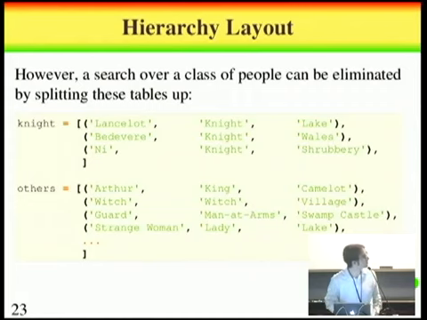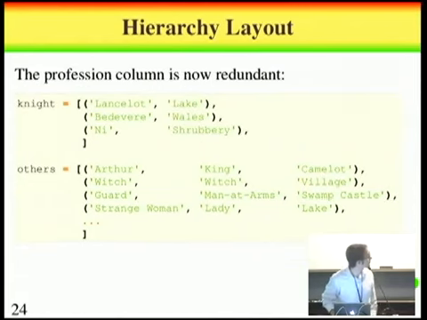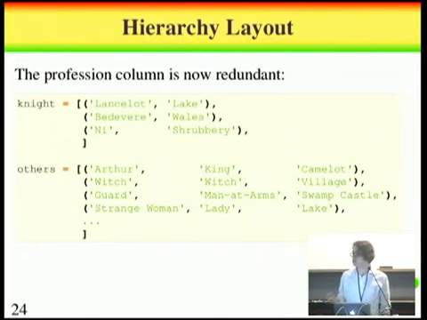You can do this other places too, but the thing about this is that when you name that knights table, that second profession column becomes redundant. So that's an extra level of storage that you no longer need.